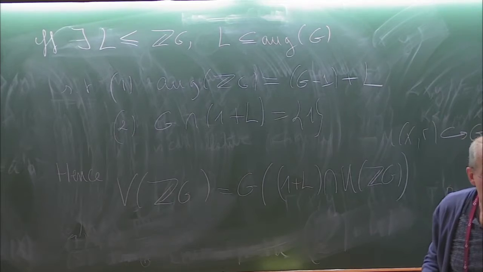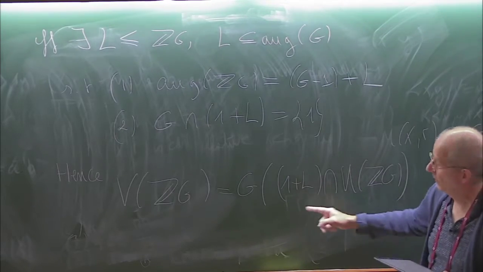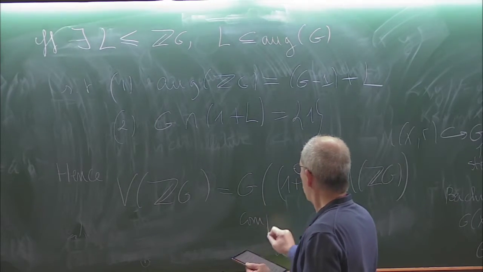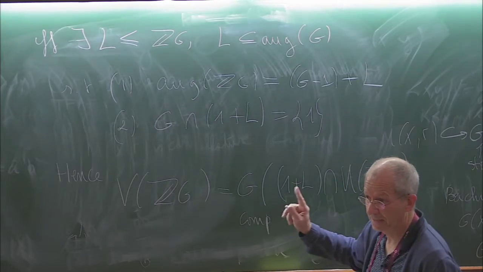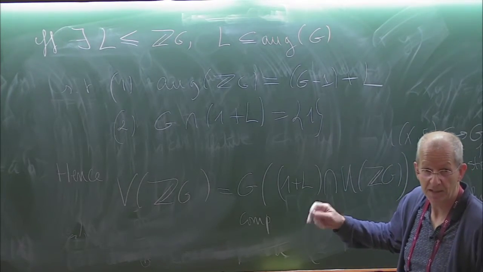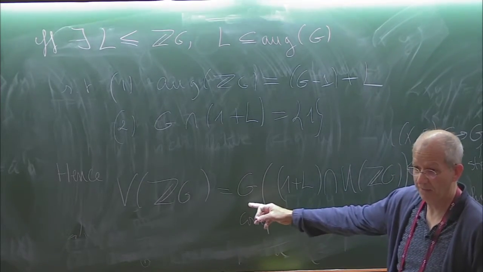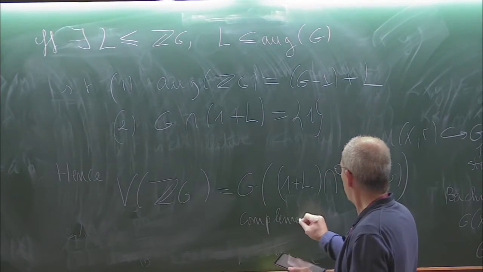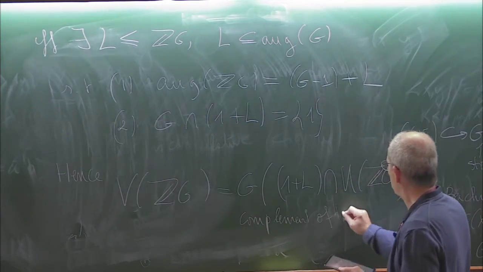So what I get here is a complement of the trivial units. I haven't said a normal complement, I said a complement. And you have to keep in mind, I work with left stuff. I'm politically left-wing, so I write this on the left side. So this is a complement of the trivial units.